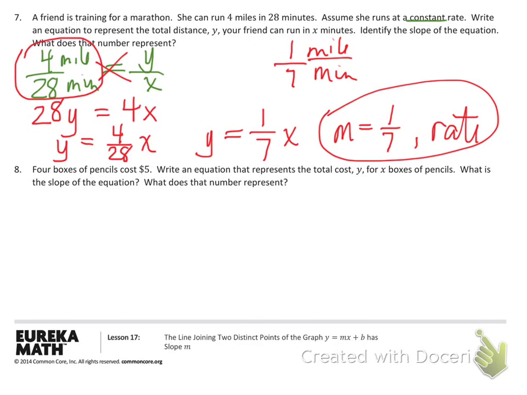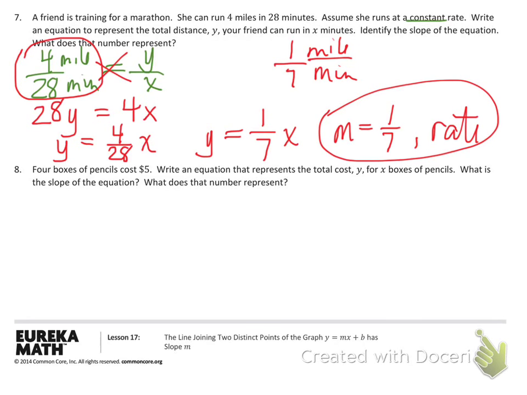Okay, let's look at number 8. 4 boxes of pencils cost $5. Write an equation that represents the total cost y for x boxes of pencils. What is the slope of this equation? And what does the number represent? Okay, so this might not look like a constant rate problem, but it is, right?